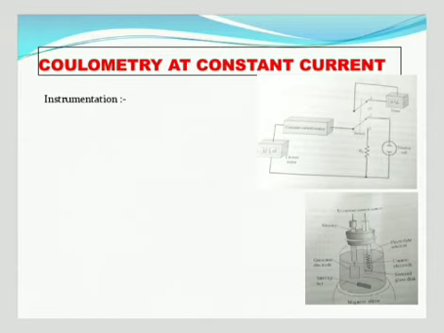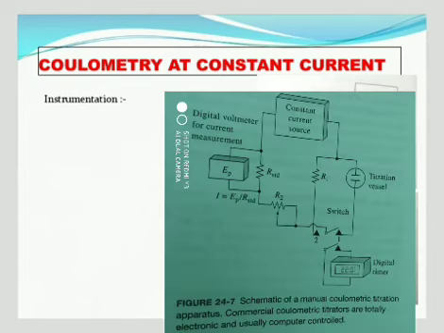Next, we see the instrumentation of colorimetric titrators. The main parts of the instrument are a constant current source, a timing device, titration vessels, and digital current measurement units. First, the constant current source.